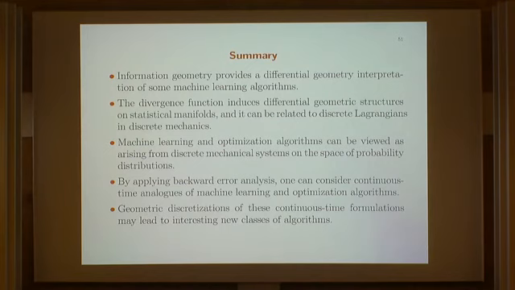So there's this nice connection between mechanics and learning, and you can view machine learning optimization algorithms as being related to discrete mechanical systems on the space of probability distributions. And if you apply things like backward error analysis, one can hope to construct continuous time analogs of machine learning algorithms. And then once you have these continuous time analogs, you can bring to bear all the tools we've developed in geometric integration to construct new classes of machine learning algorithms.